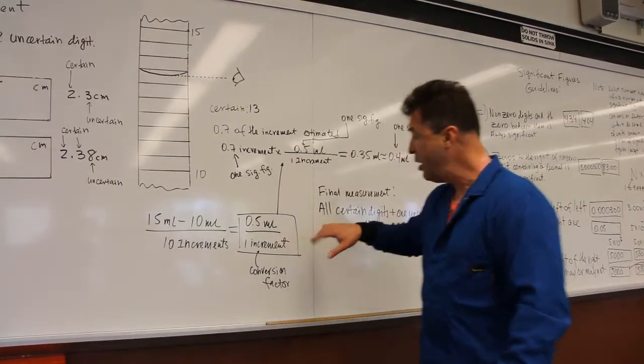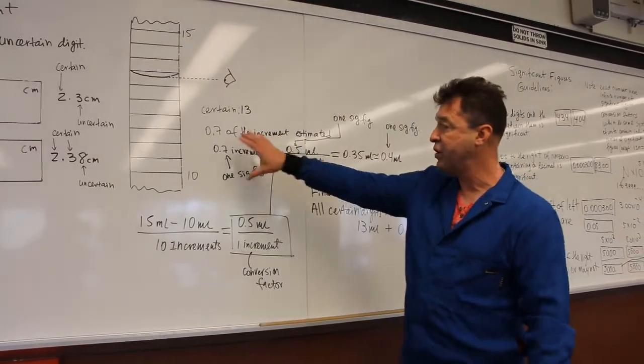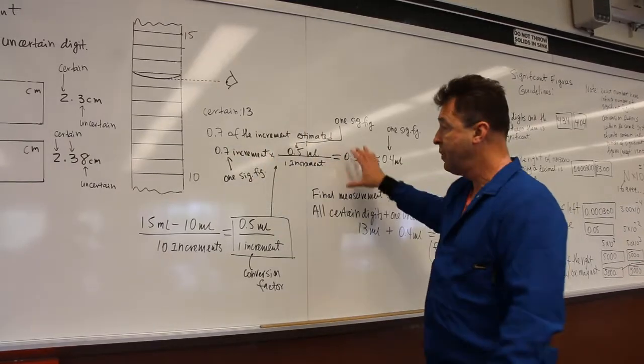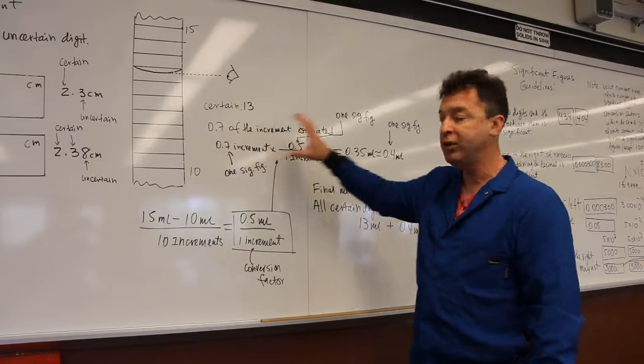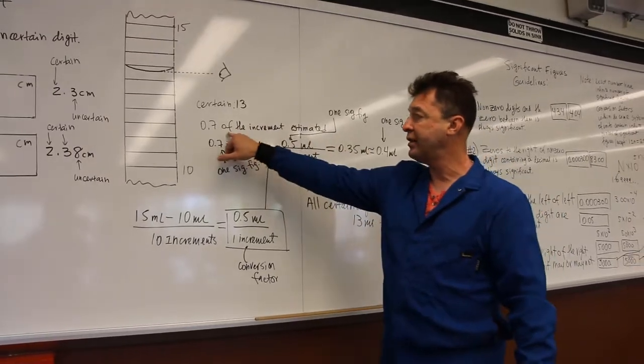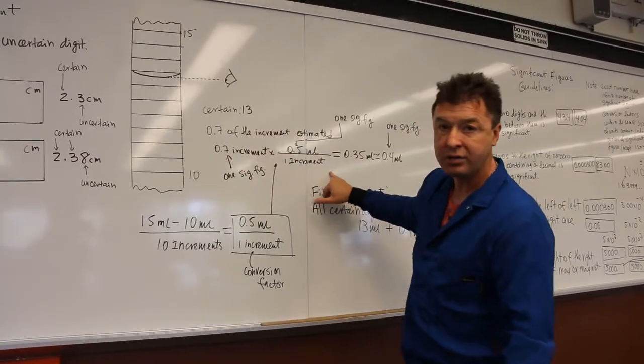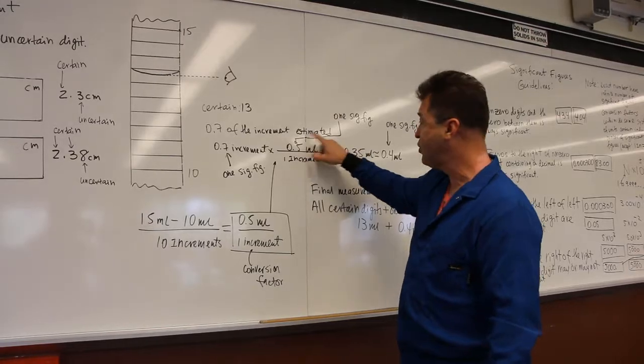So here's what I did, and I will explain later the system on how to convert from one unit system to another. Usually you put the given unit here to cancel, and the desired unit on top, which will be ml.